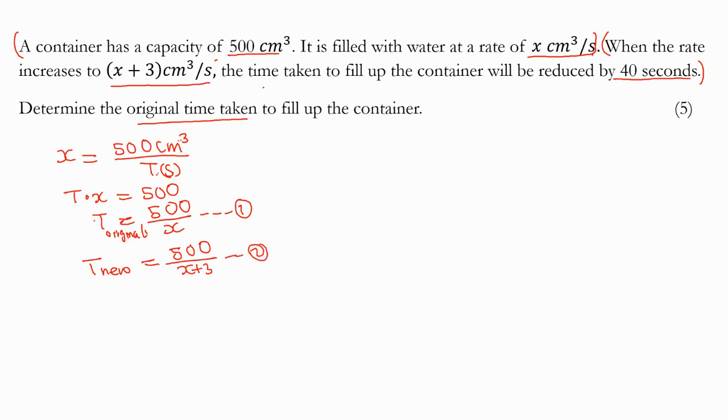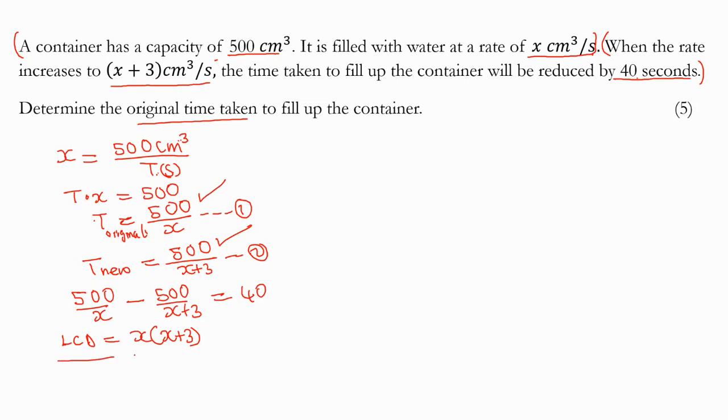Now, it says that the time taken to fill up the container will be reduced by 4 seconds. So it means now, if we subtract this time from this time, we must get 4 seconds. So that gives us an equation that we're going to solve. It's 500, the original time, over x, minus 500 over x plus 3, is equal to 4. And then we're dealing with equations with fractions here. So the LCD is equal to x times x plus 3.